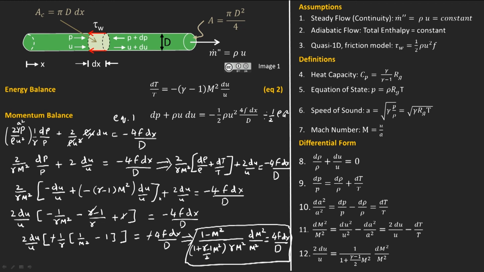From that, we'll proceed to solving this differential equation, getting a final solution which is in terms of the Mach number and the friction factor f. From that, we should be able to then understand fully what is going to happen to the flow Mach number as friction acts on it and quantify the changes in terms of all other physical quantities expressed in terms of the Mach number.